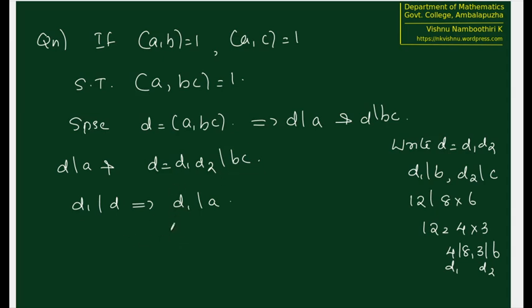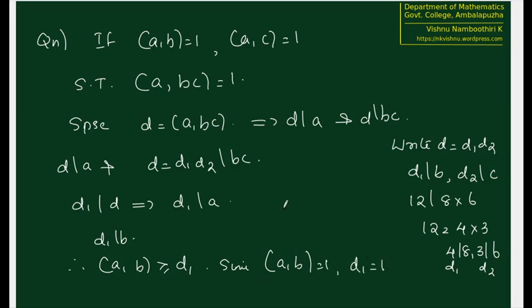So D1 divides A and D1 divides B. Therefore, GCD of A and B is going to be greater than or equal to D1. But GCD of A and B, we know that it's equal to 1. Therefore, since GCD of A and B equal to 1, D1 must be equal to 1.